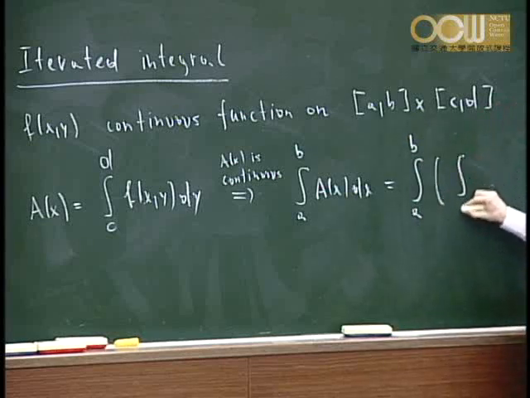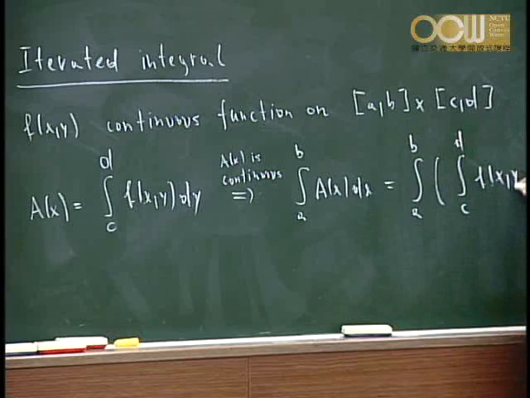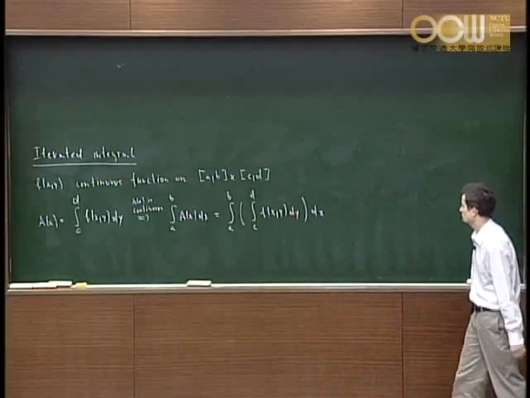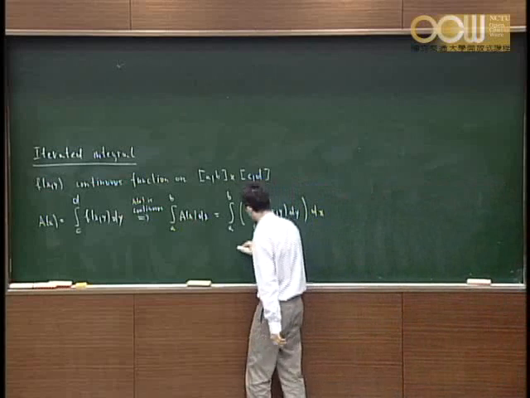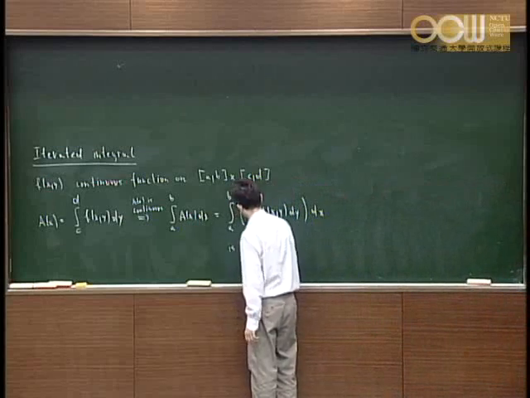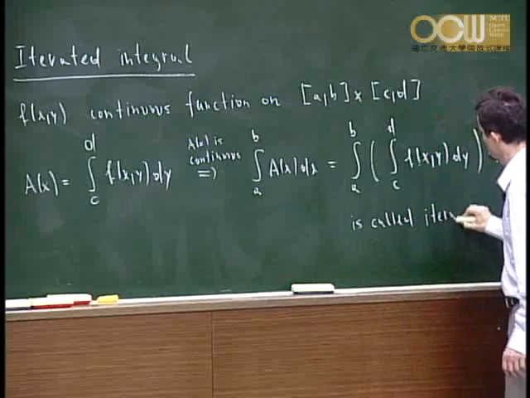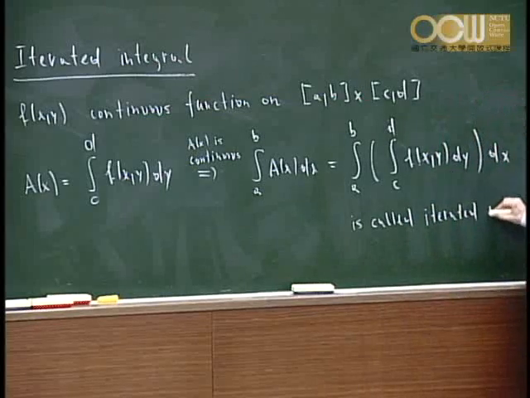So we first integrate from c to d f of x, y with respect to y, and then the function we obtain as a function of x we integrate with respect to x. So this is called an iterated integral.